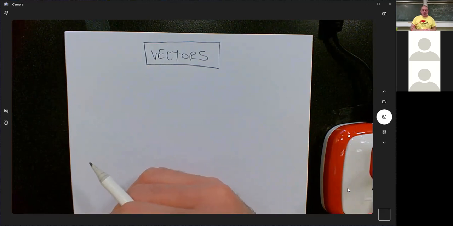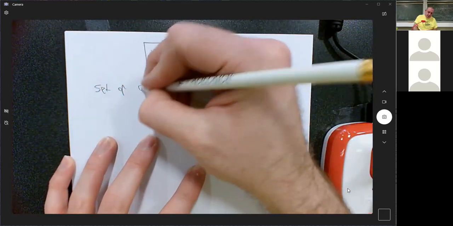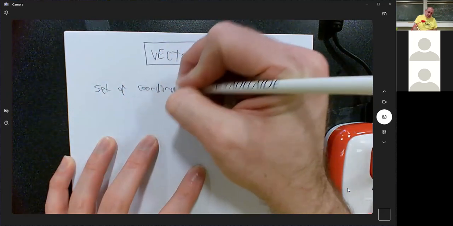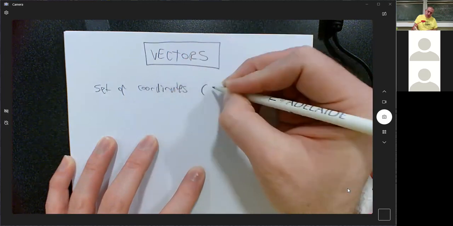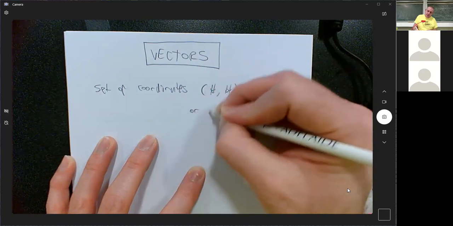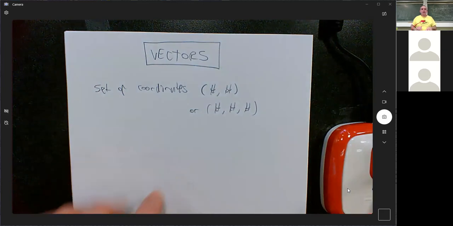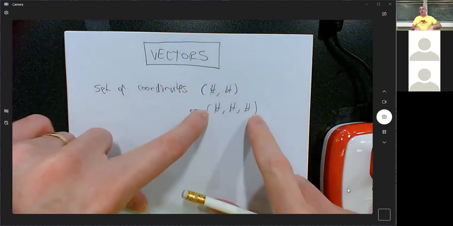So, to a mathematician, a set of coordinates, something like number, comma number, or so this is in 2D and this is in 3D.